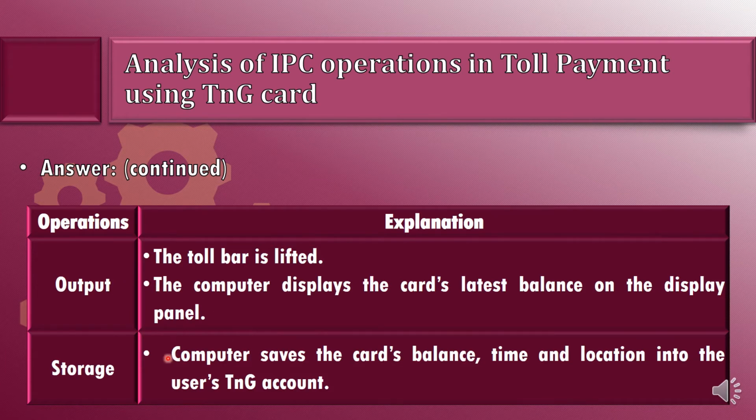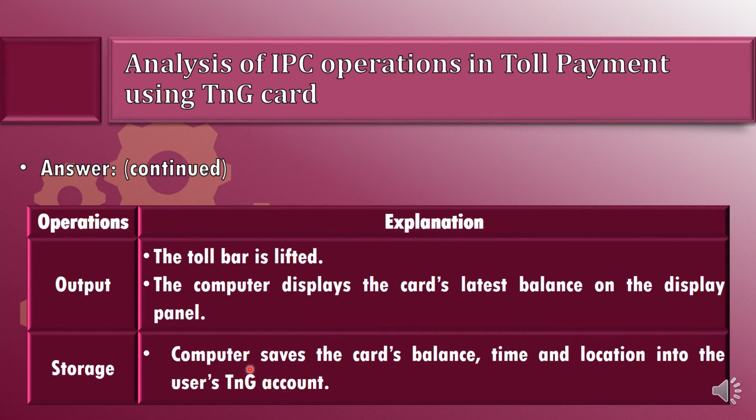The last operation is storage. As you can see here, we use the same verb. Let's look at the sentence. The computer saves the card's balance, time and location into the user's Touch 'n Go account.